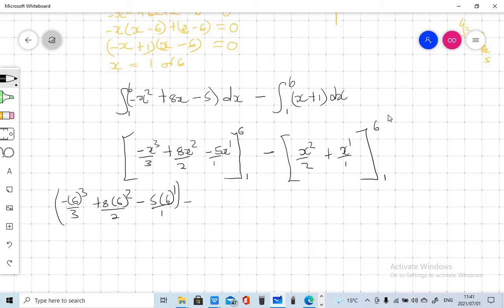You substitute again, but now you're substituting with 1. So subtracting minus 1 cubed over 3 and then plus 8 times 1 squared over 2 minus 5 times 1 to the power 1 over 1. Okay, all this is in a box. You find the answer for that, and then minus.